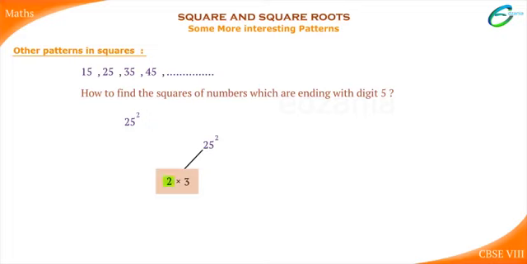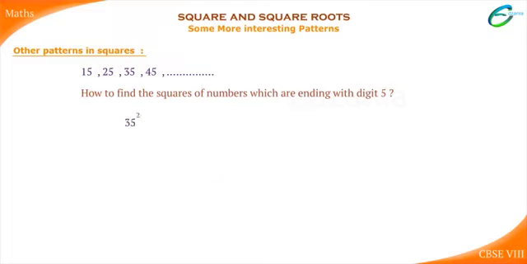Here, 2 is the first digit and the successor of 2 is 3. So the product of 2 and 3 gives 6. And the square of 5 is 25. By combining these two sets, we get 625, which is the square of 25.